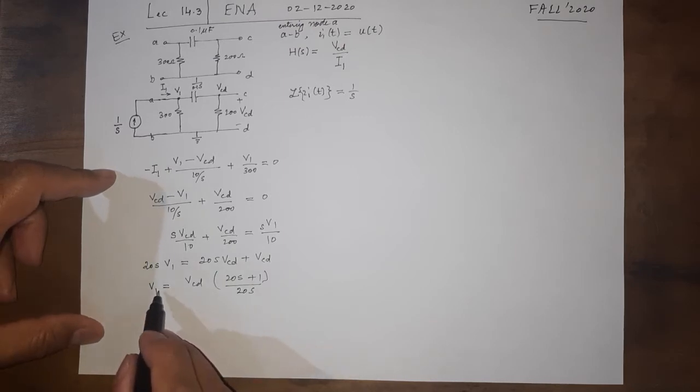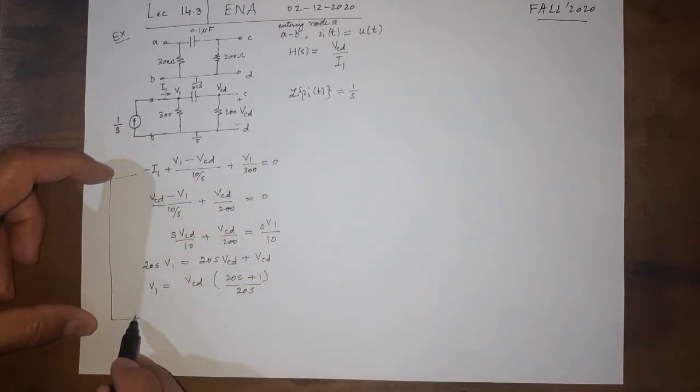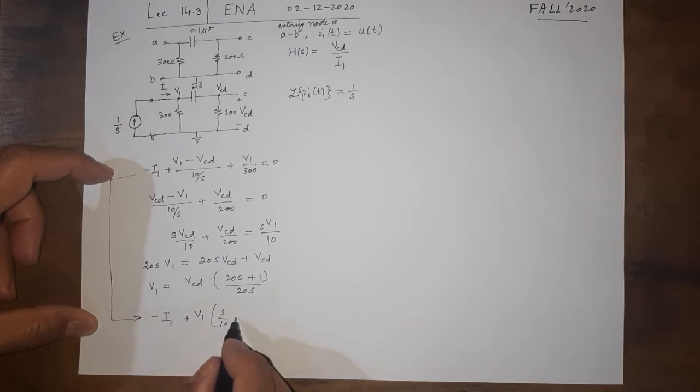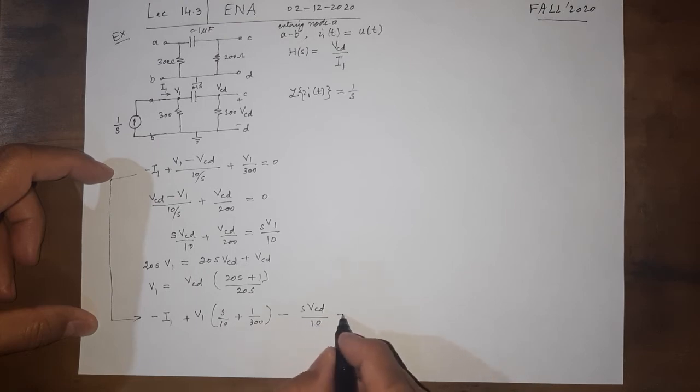And we can put this V1 in this equation, and this equation is going to give us minus I1 plus V1 times (S over 10 plus 1 over 300) minus S VCD over 10 is equal to 0.